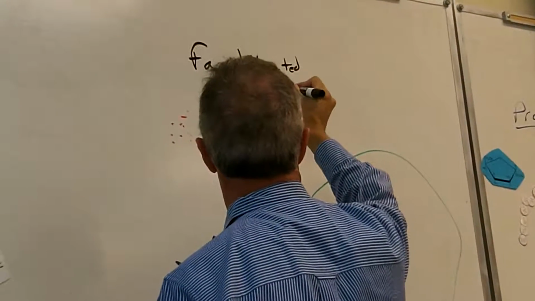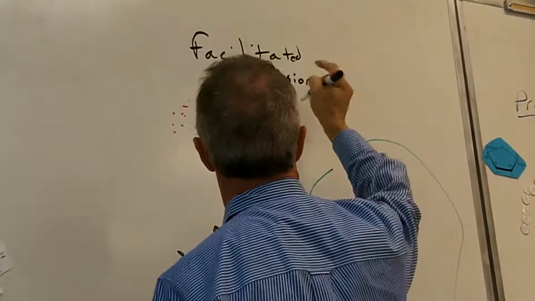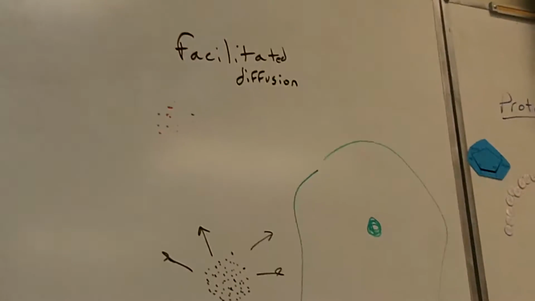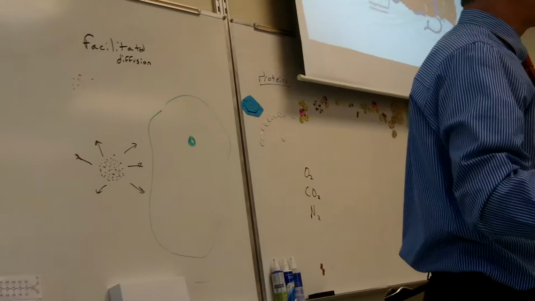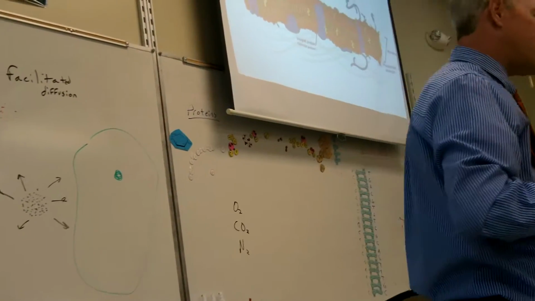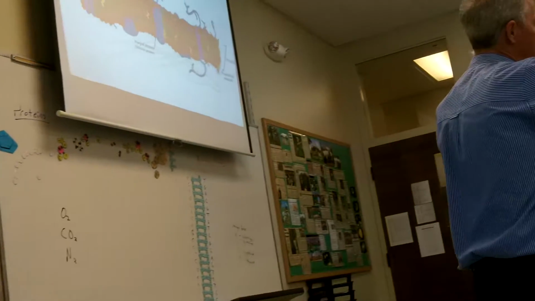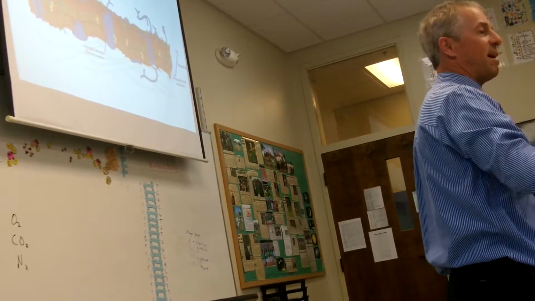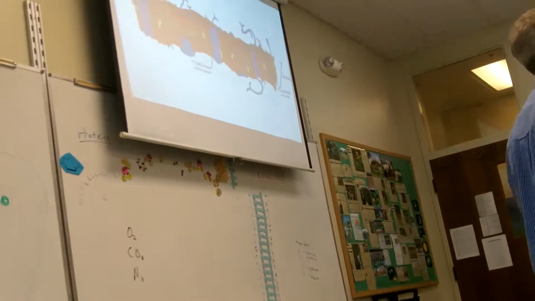Have you ever heard the word facilitate before? That means to make easier. Facilitated diffusion is when the molecules diffuse into the cell, but they have to go through a protein. The protein makes it easier for the diffusion to occur.